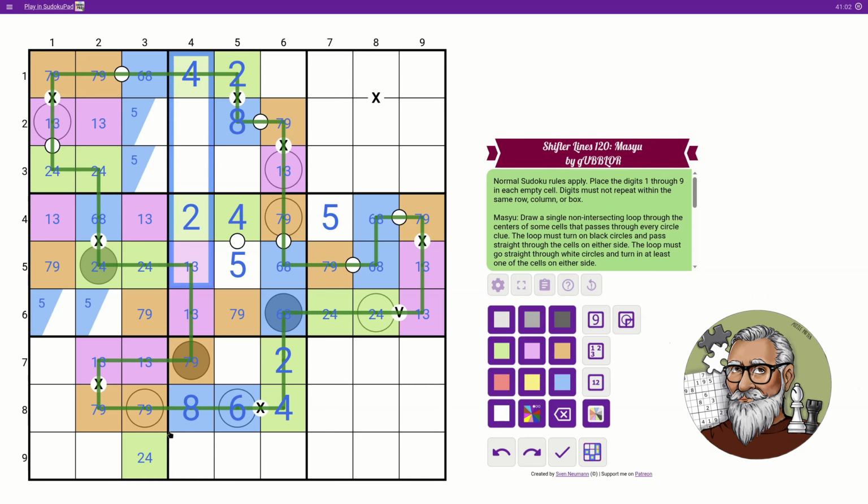Blue, same. Oh no, it's not the same. It's one of those, but still, that's fine. We knew that already. Okay, so this one is either orange or 5.